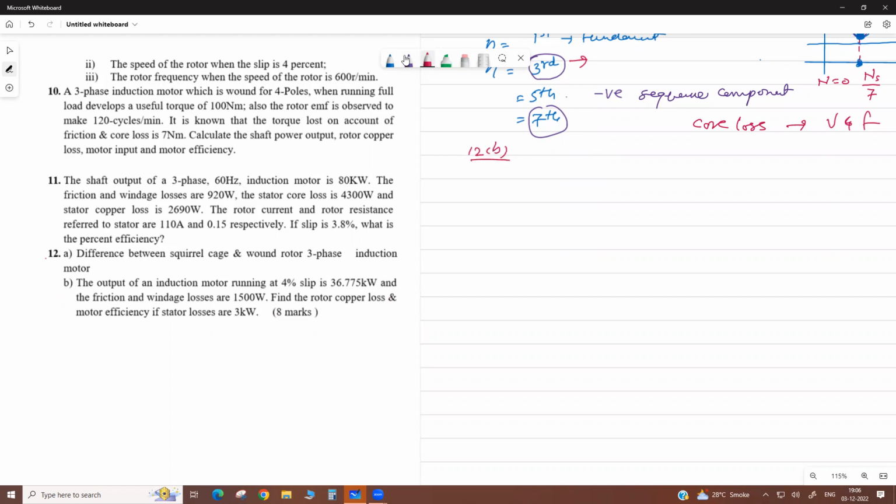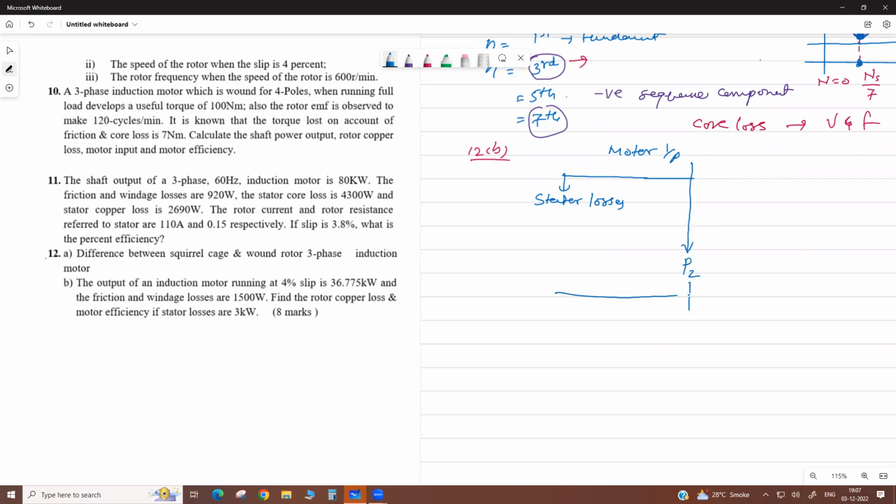just draw the motor input. Then your stator loss. After this, we get a rotor input.